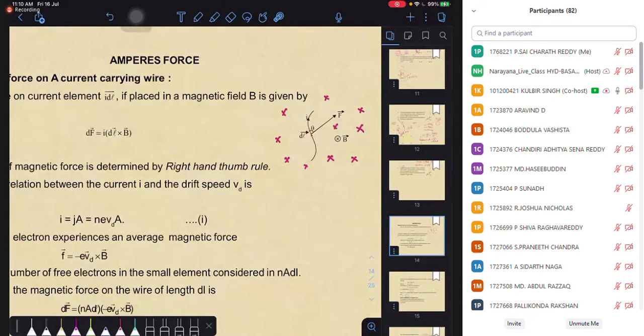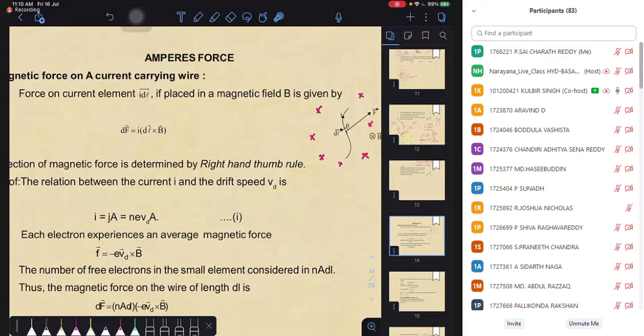Remember, here it's a very small section we have considered. So the force experienced by the very small section is I dl cross B. This I dl, current into small length, is called a current element. So you can say force is current element cross magnetic field.